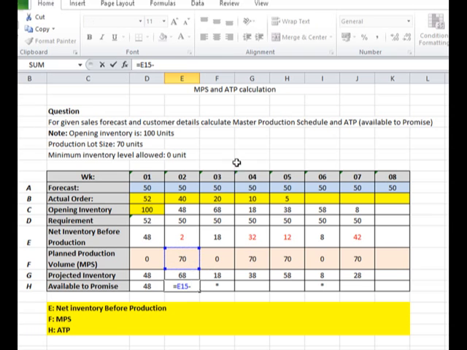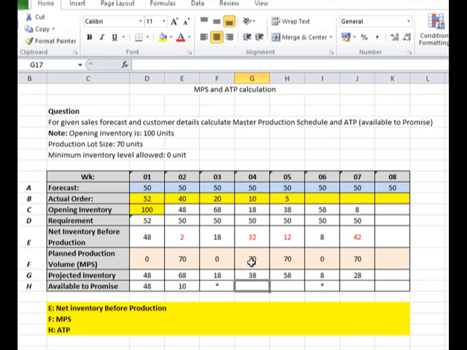The next MPS cycle is in week 4. So we subtract all the customer orders till week 4, so minus this, minus week 3. And it's done, because in week 4 we are going to have an MPS cycle. For week 3 there is no MPS, so no ATP.